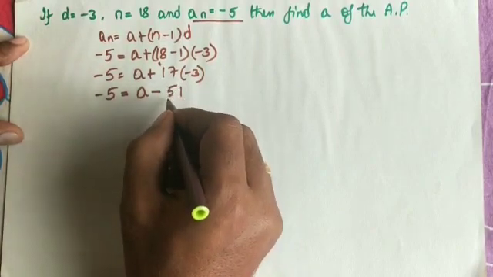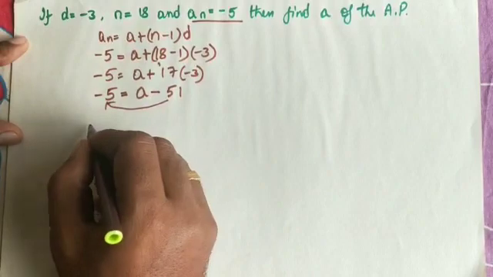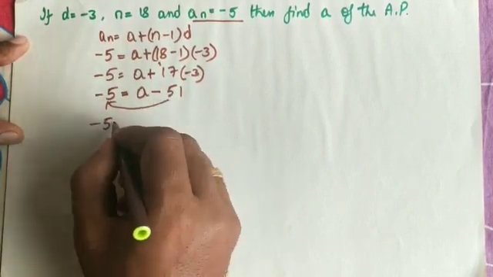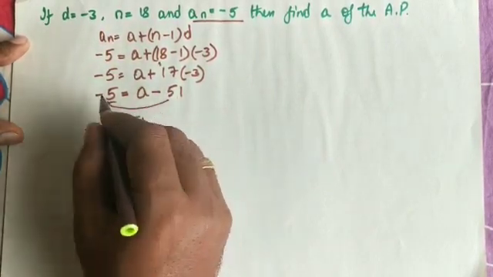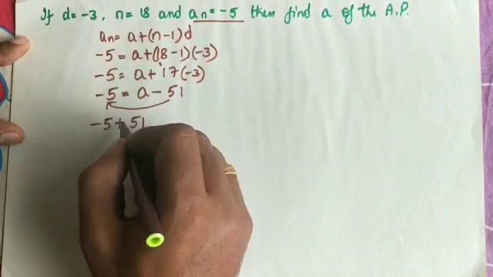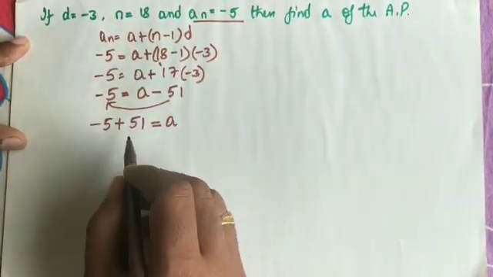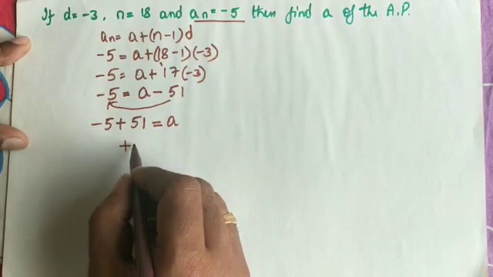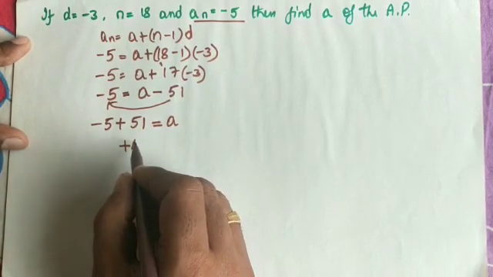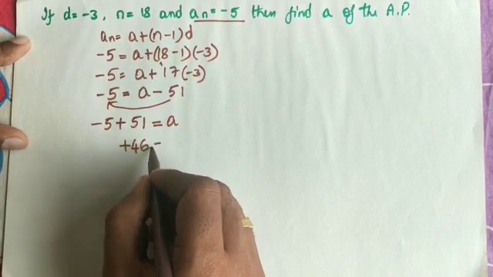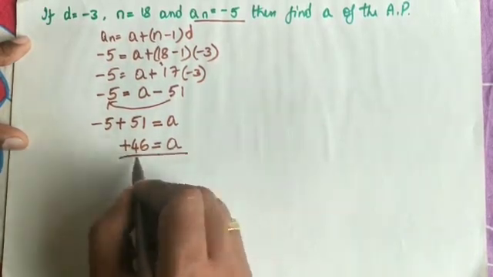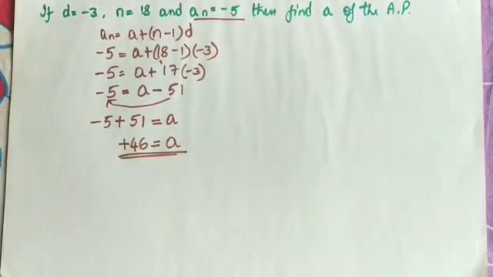We will take this to the left hand side: minus 5 plus 51. As it moves to the left hand side, the sign changes, so plus 51 is equal to a. So plus 46 is equal to a. This is the first term of the given AP. Likewise, you can solve other problems.